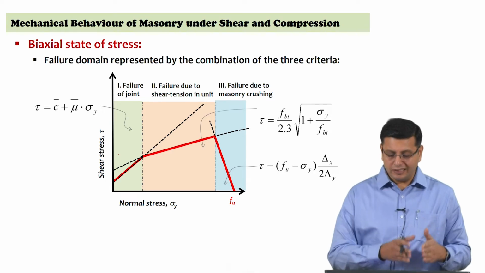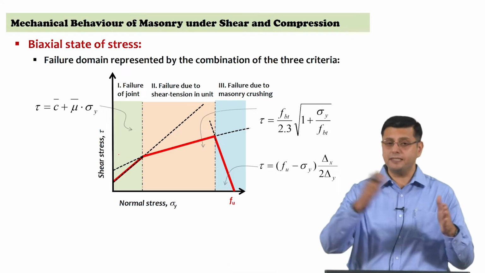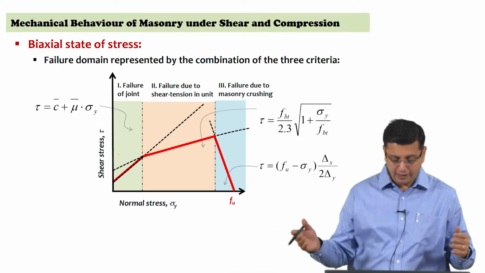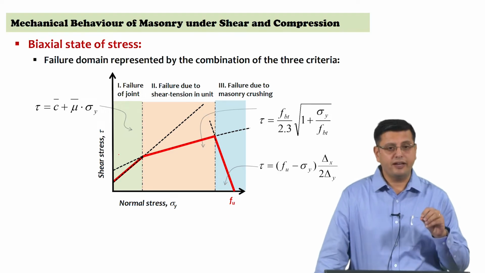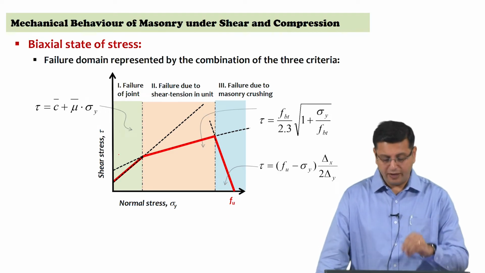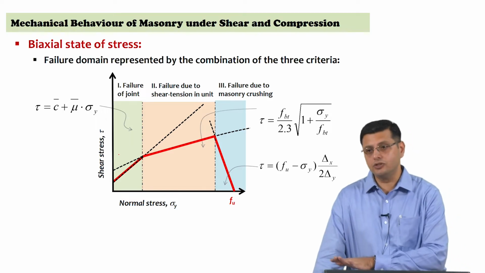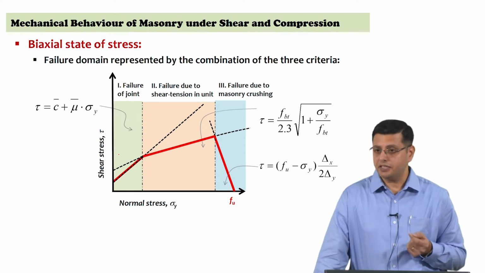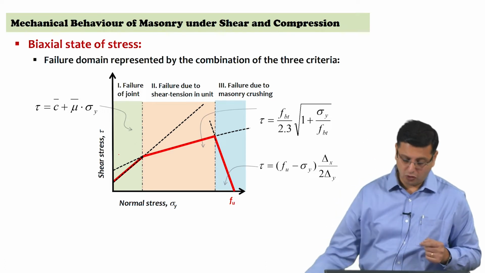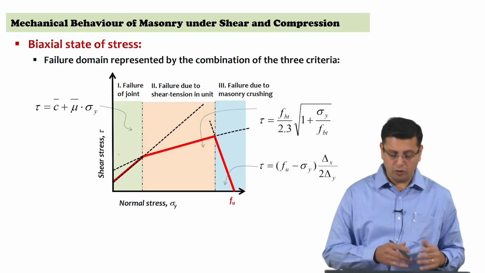So, based on the three different failure mechanisms that we have examined so far, which basically cover all possible failure mechanisms in masonry under in-plane actions, we first looked at failure of the joint. We then looked at failure due to shear tension, the second zone, the orange zone that you see there, and the third zone with high precompression level, failure due to crushing of masonry itself. So, we developed expressions for each zone based on the Mann-Muller criterion.